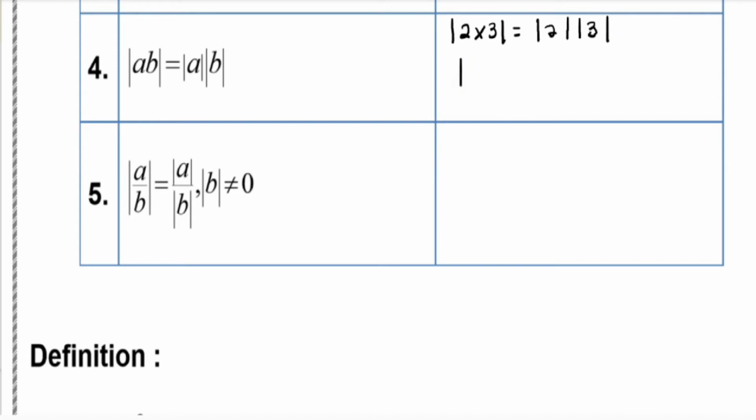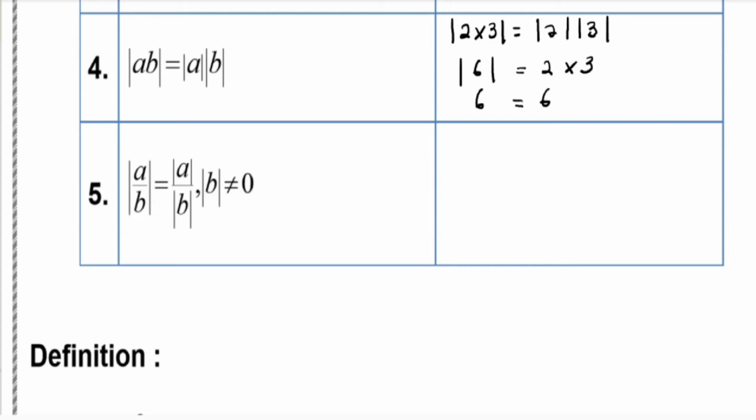So from the left hand side we get absolute value of 6. Absolute value of 2 is equal to 2, absolute value of 3 is equal to 3. And then both give 6.